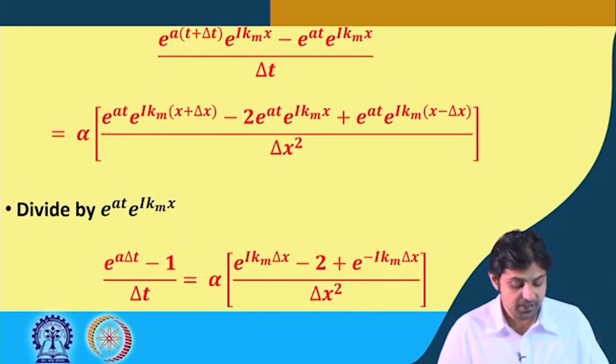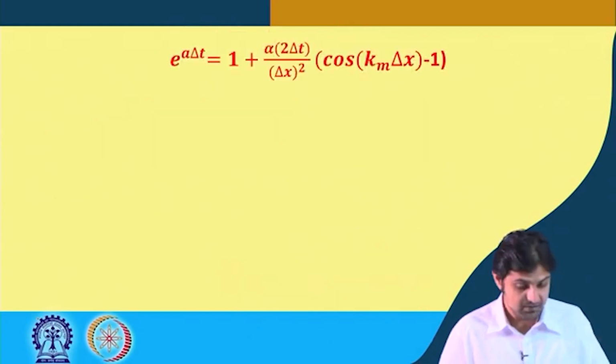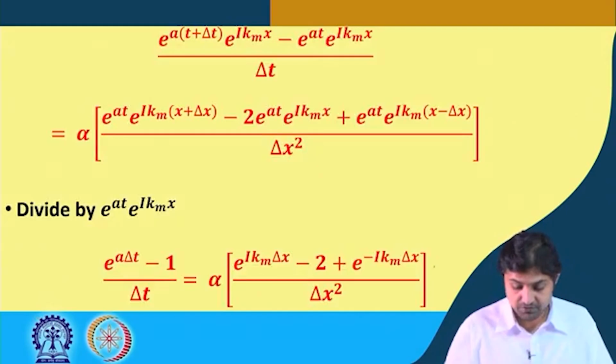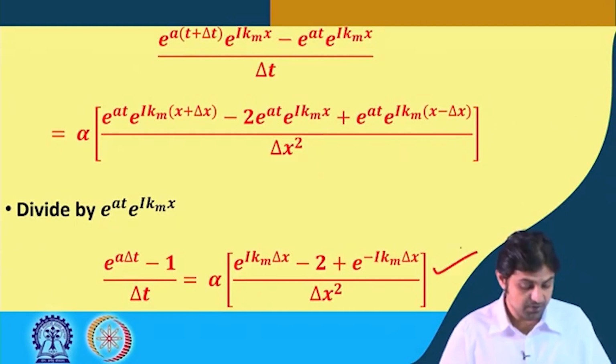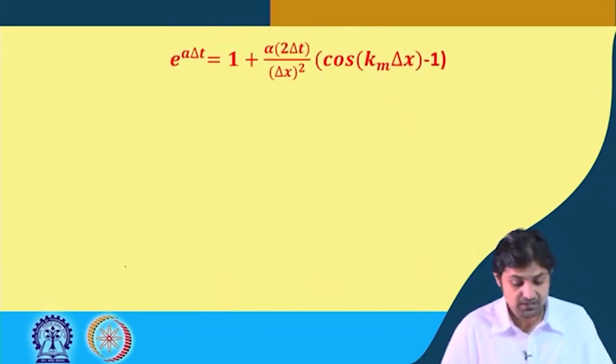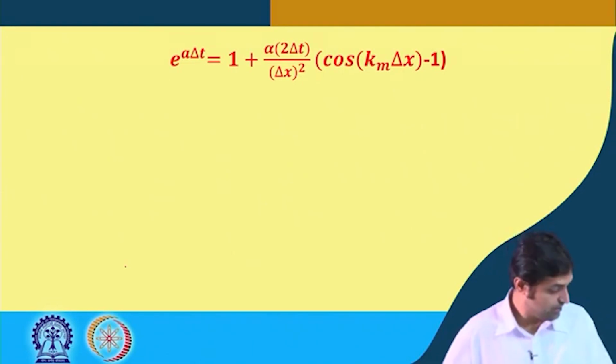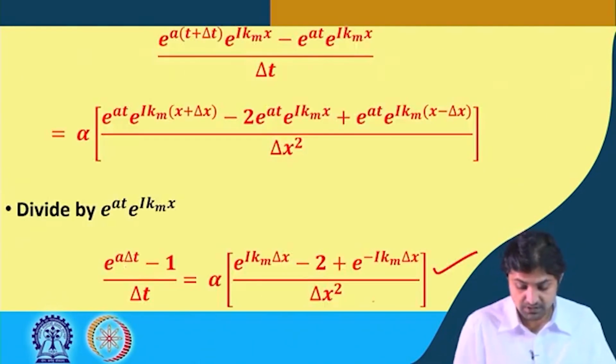So on dividing by e to the power alpha t at e to the power I k m of x, we can therefore write, using this equation from here, e to the power alpha delta t can be written as 1 plus alpha 2 delta t divided by delta x square.